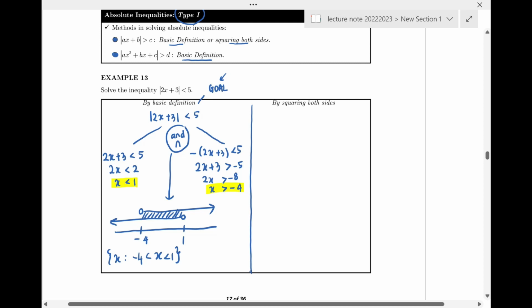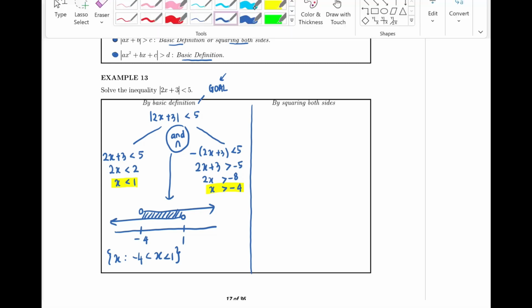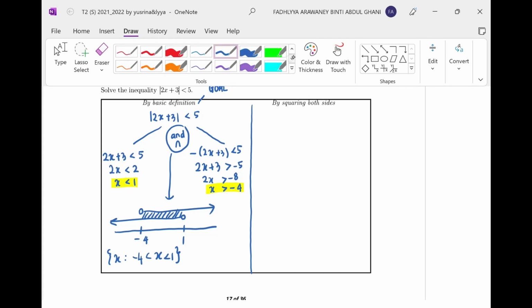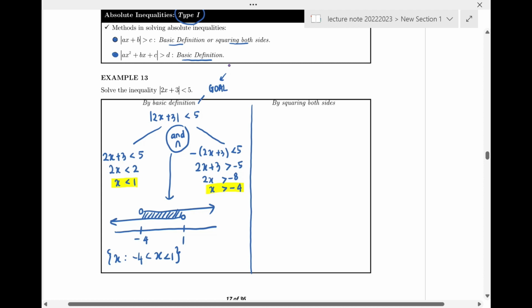Now let's go to squaring both sides. I'm going to use a different color. So by squaring both sides, at first I rewrite the inequality: modulus 2x plus 3 less than 5. Same as what we did before.